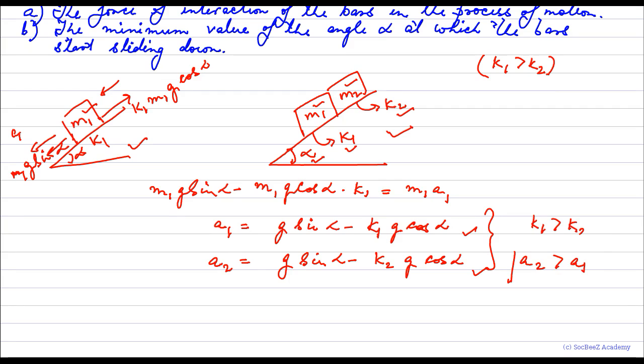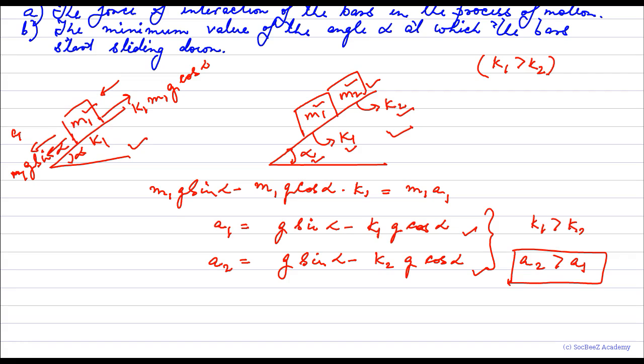This implies that the mass m2 has a tendency to move with greater acceleration on this rough inclined plane as compared to mass m1. In other words, mass m2, if moved individually, is going to move with a greater acceleration than mass m1.